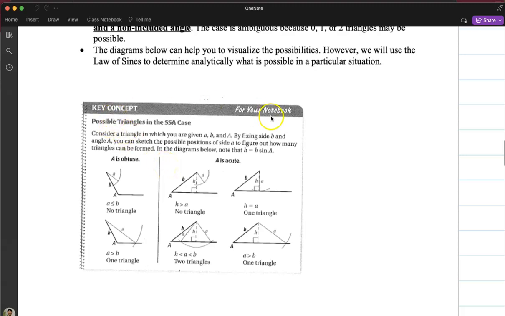Possible cases for the SSA case. Consider a triangle where we have been given a, b and A. Small a is a side, small b is the other side, and capital A stands for the angle.